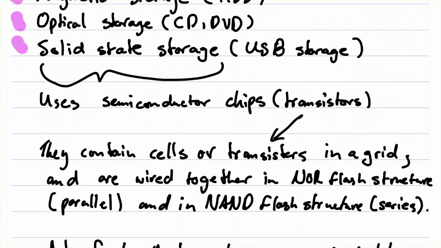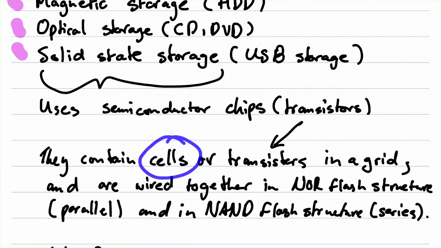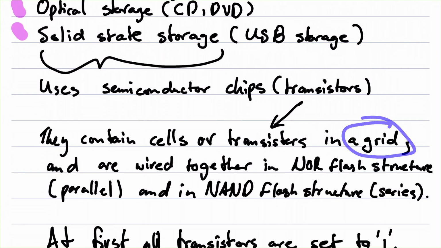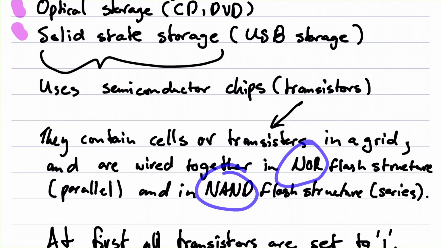Okay, so these transistors we're talking about contain cells. We call them cells, or generally speaking, just transistors. All in a grid, so they're all together, and are wired together in NOR flash structures or NAND flash structures. For the guys who've done logic gates before, you would know what a NOR gate and a NAND gate is. It's basically just an OR gate with a NOT gate at the end of it.